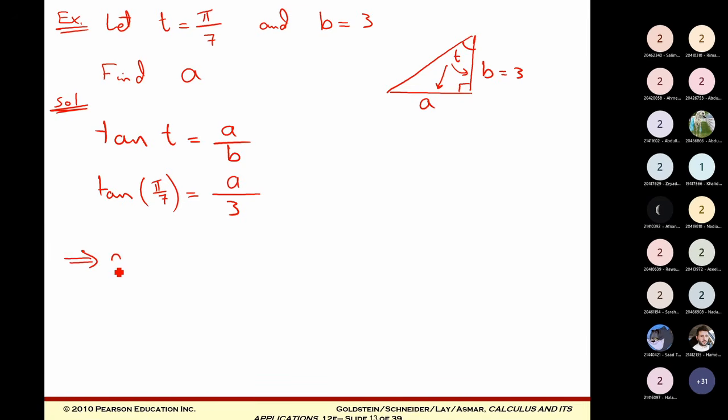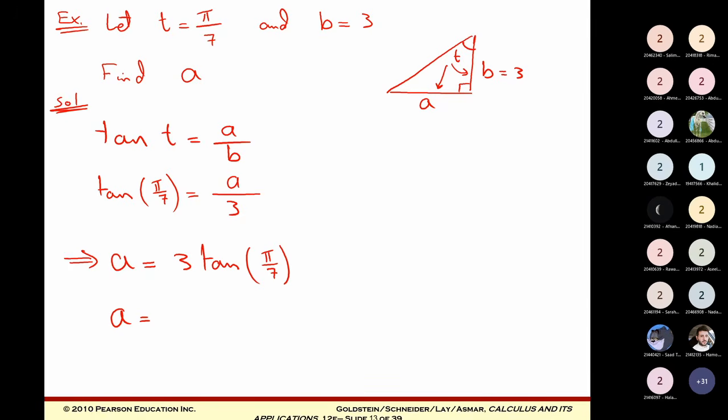Now the value of A equals what? 3 tan pi over 7. By your calculator, give me the value of A. 3 multiplied by tan of pi over 7, but check your calculator is in radian.